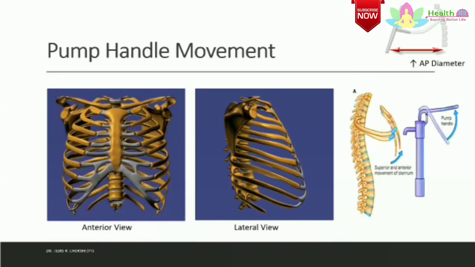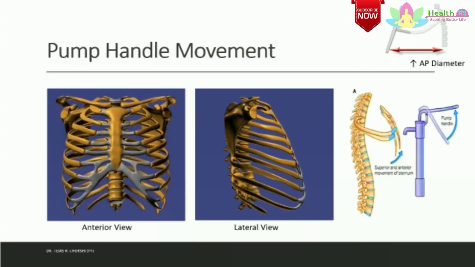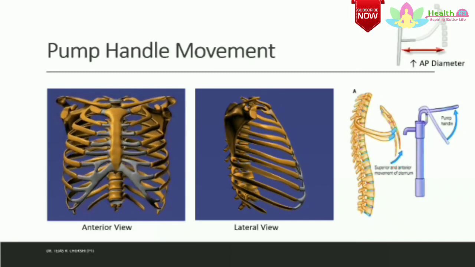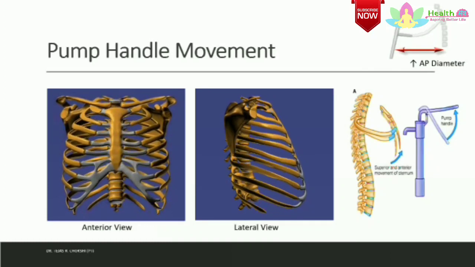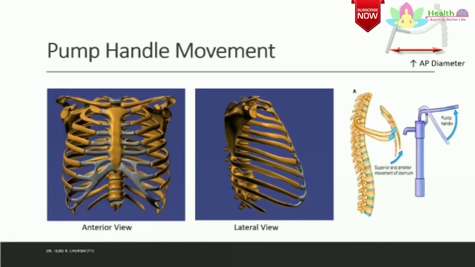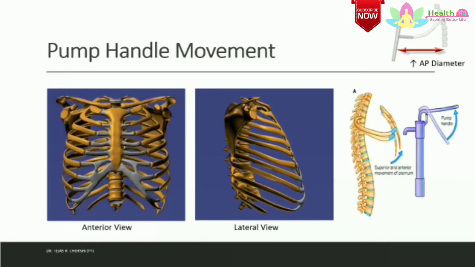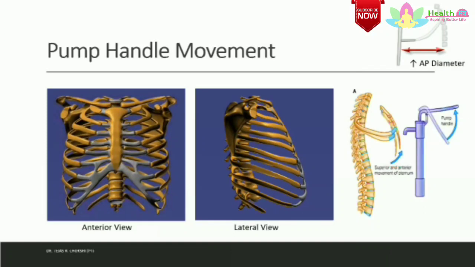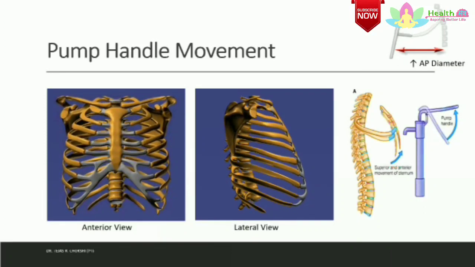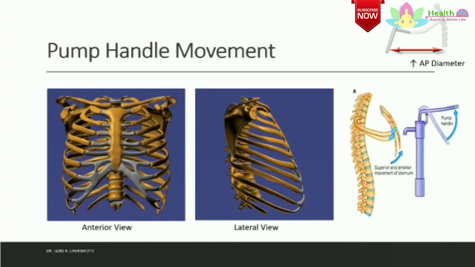The motion of the upper ribs and sternum has its greatest effect by increasing the anterior-posterior diameter of the thorax, as you can see in the lateral view and in the right side corner figure. This combined motion of rib and sternum, which occurs predominantly in the sagittal plane, is termed the pump handle motion of the thorax.